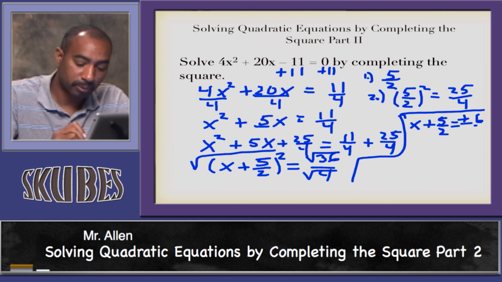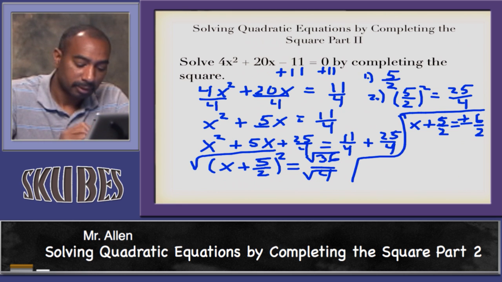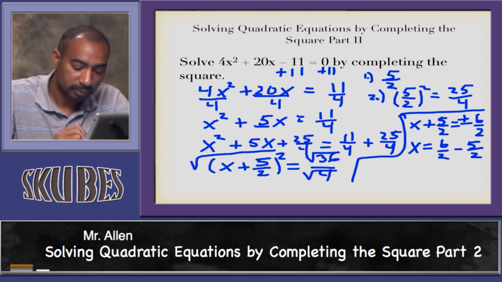And the square root of 4 is 2. And you're going to subtract 5 halves to both sides. So x could be 6 halves minus 5 halves. And x could also be negative 6 halves minus 5 halves.